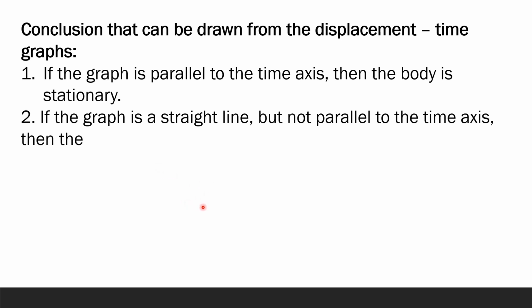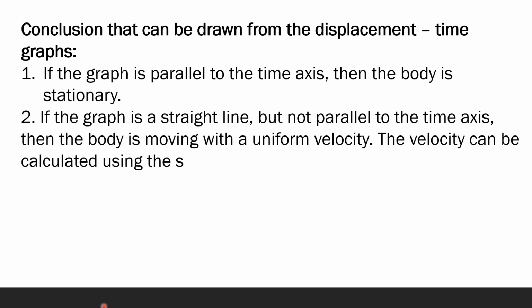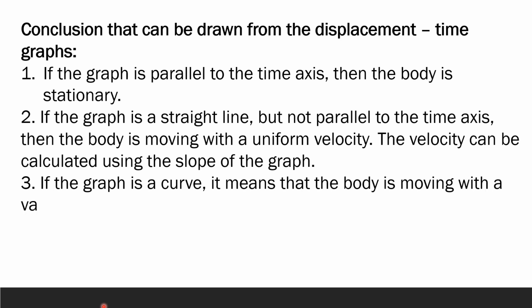The velocity can be calculated by using the slope of the graph. Third one, if the graph is a curve, it means that the body is moving with a variable velocity. Such a body is an accelerated body.